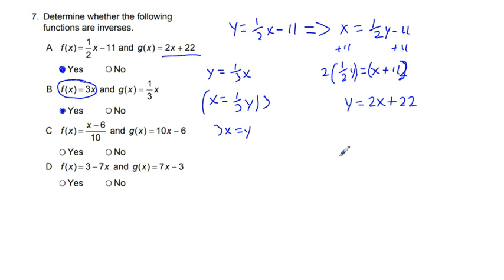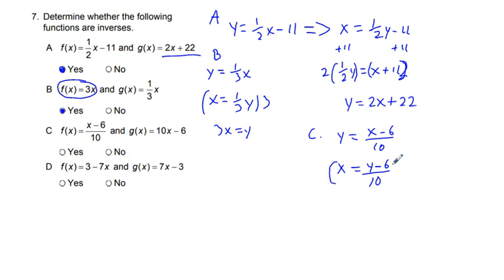Next up, C. That's going to be B here, A here. I'm going to work C over here. We have y equals x minus 6 over 10, and then switch x and y. X equals y minus 6 over 10.